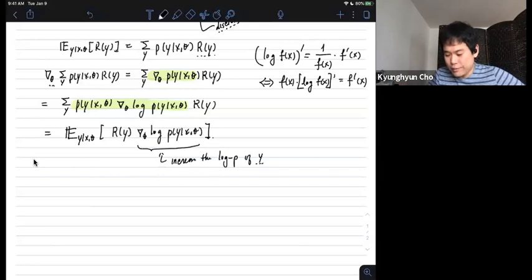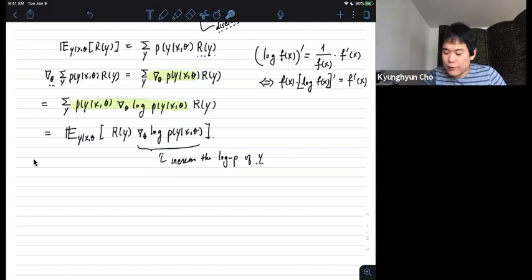The gradient of the log probability of y is telling us how to change the parameters in order to increase the log probability of y. Of course, this is a weird thing to do if you only have this one. Why is that? Because we are going through all possible values of y and trying to increase the log probability of each. That doesn't really help us.